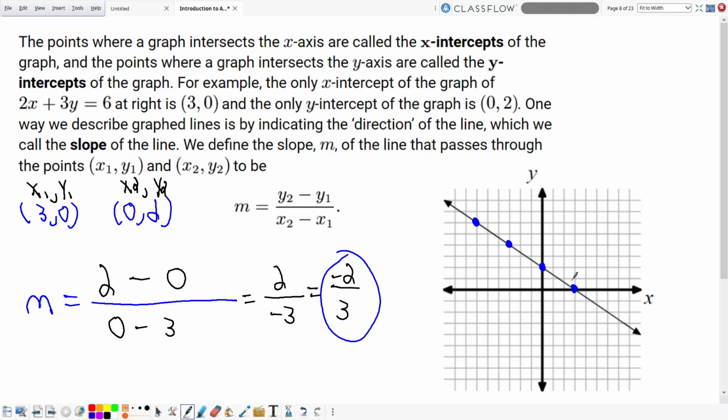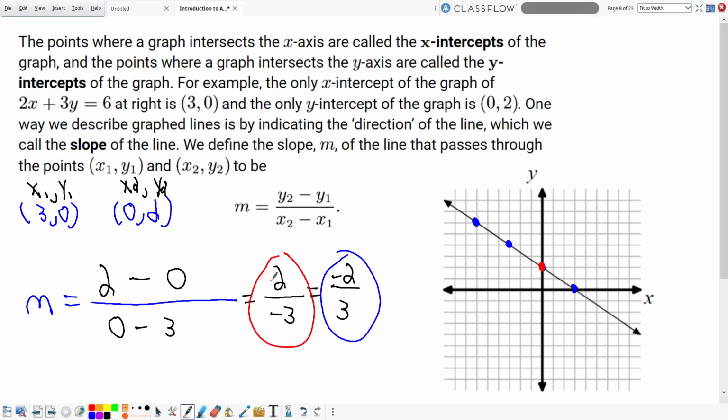But what if instead I wrote it as 2 over negative 3? Well, it really won't make much of a difference. I'm going to change it to red this time to show the difference. So here's a point on our line.